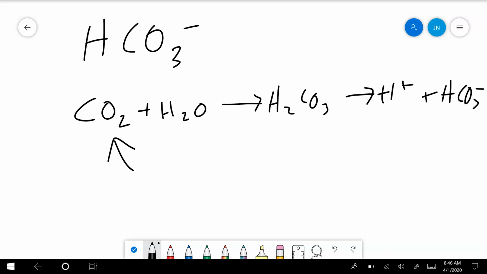I've mentioned this before, but for our purposes we're associating carbon dioxide with acid, because the more carbon dioxide we add here, the more reaction we get here, and there's the hydrogen proton.